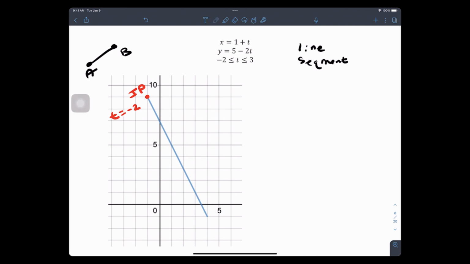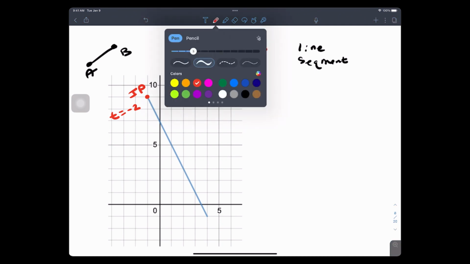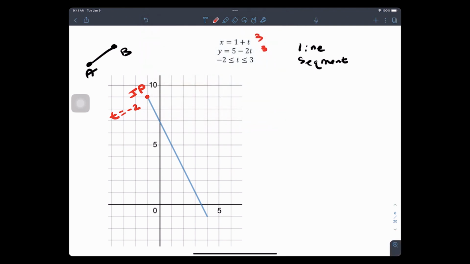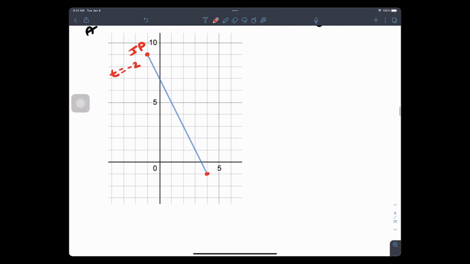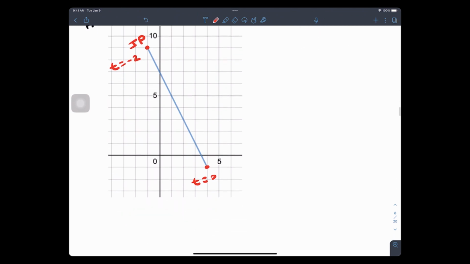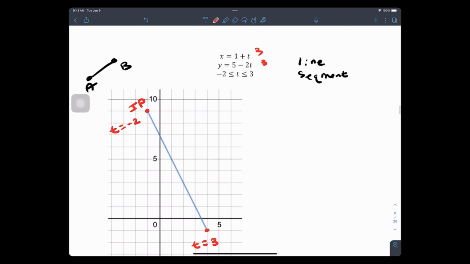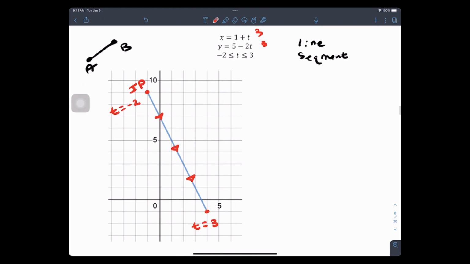Well, plug in 3. 1 plus 3 is 4, and then 5 minus 6 is -1. So I already know the address here happens when t is what number? 3. So the orientation is this way, because initial is where you start, terminal is where you end. So we have a lot of interesting information here.